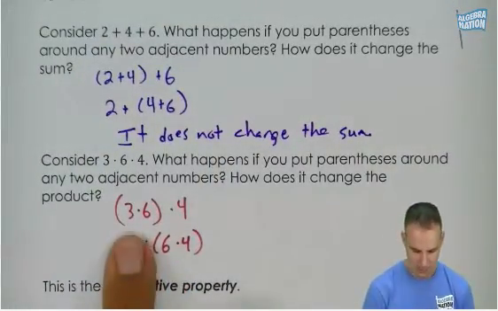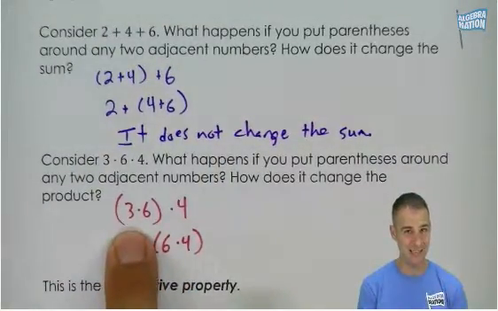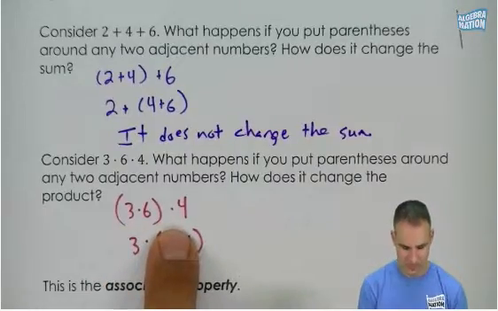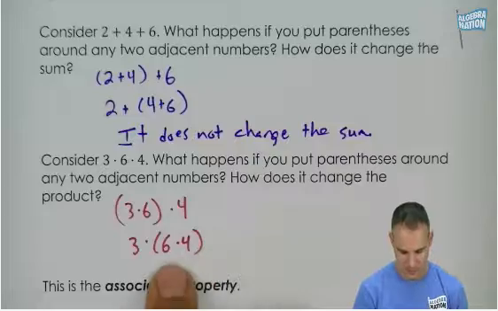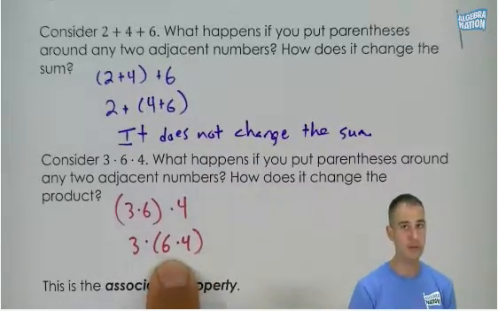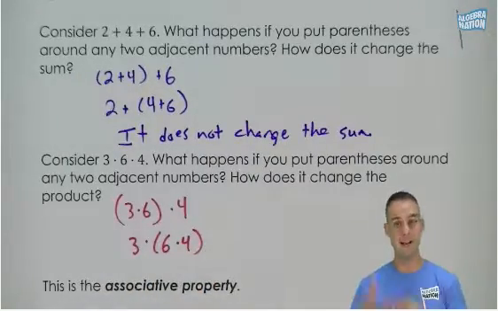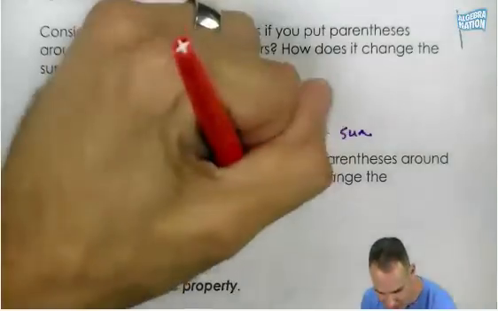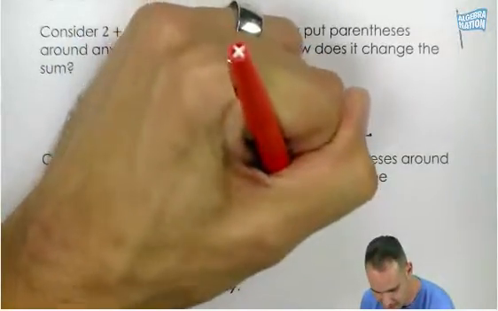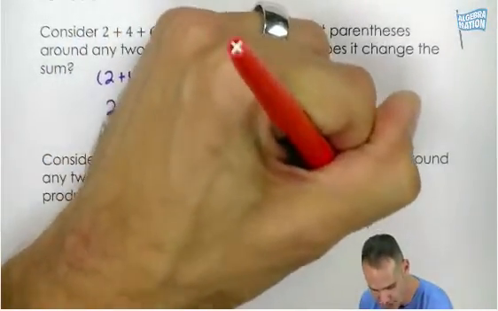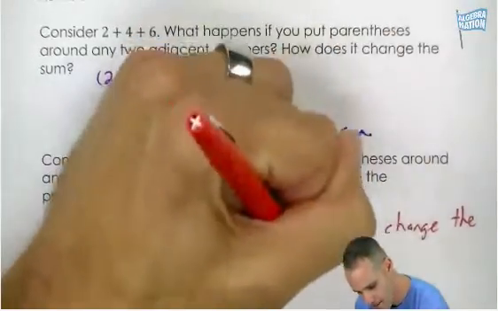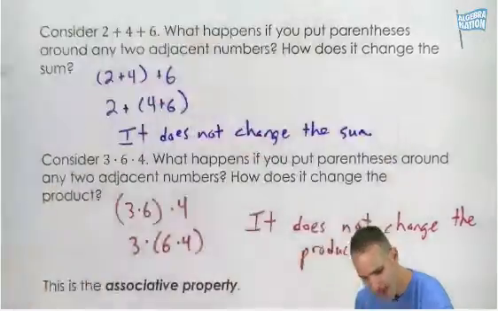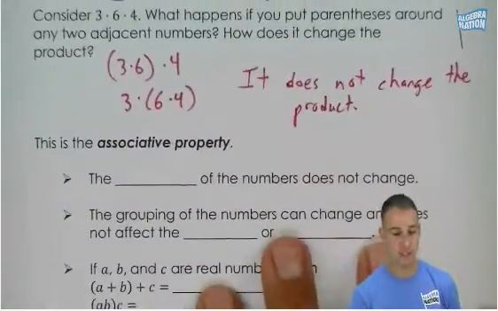Okay, 3 times 6 is 18. 18 times 4 is 72. 6 times 4 is 24. 3 times 24 is also 72. It does not change the product. And this is called the associative property.